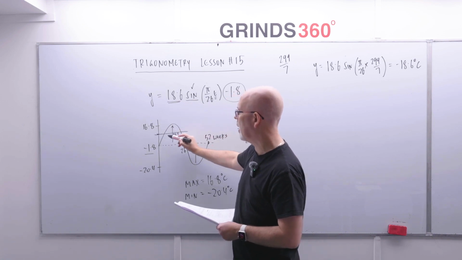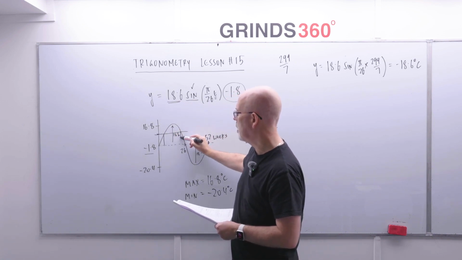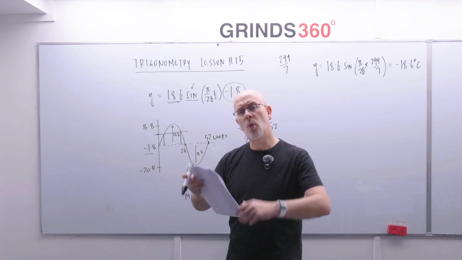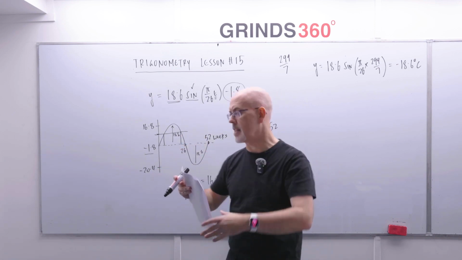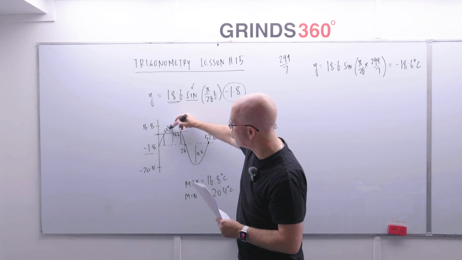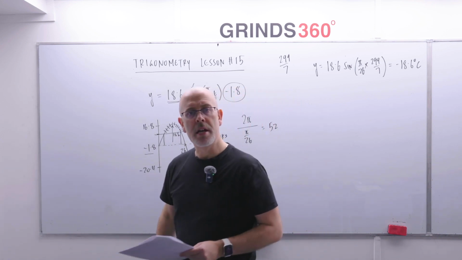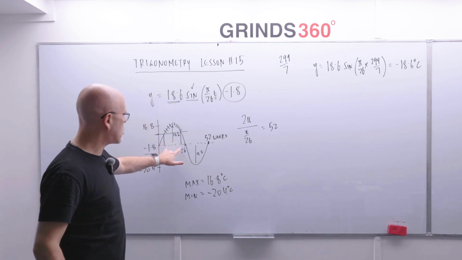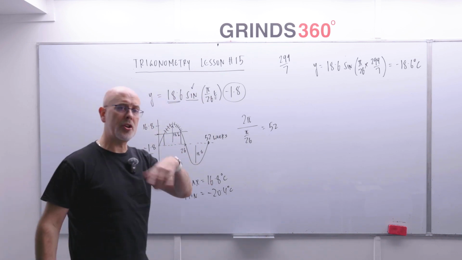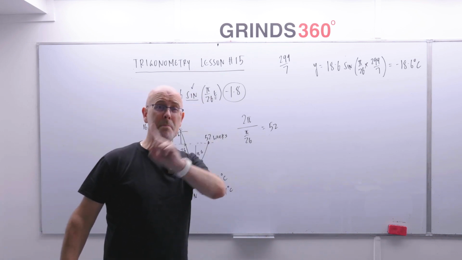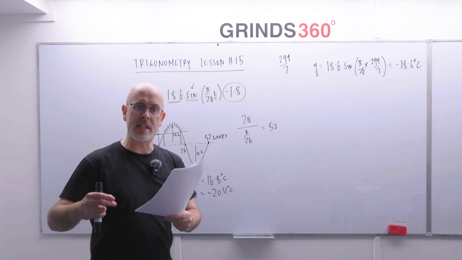So if I go across from there, there are 2 times in the first half of the year when the temperature is equal to 11 degrees Celsius. And in between those 2 times, the temperature is above 11 degrees Celsius. So I'm trying to find these 2 times. What are the 2 times during the year that the temperature is equal to 11 degrees Celsius? And then in between those 2 is when it's above that.